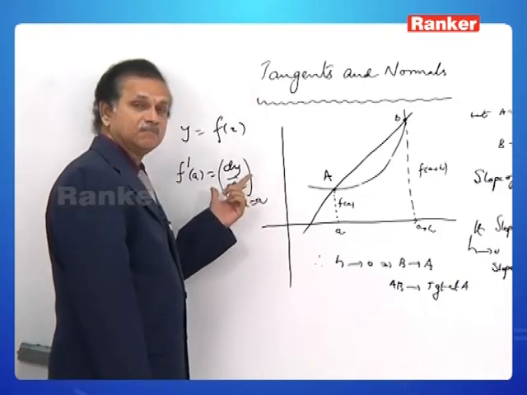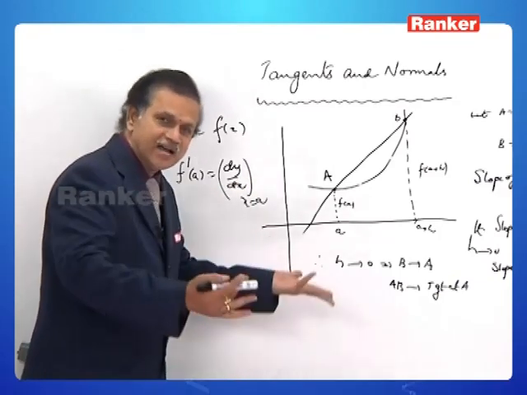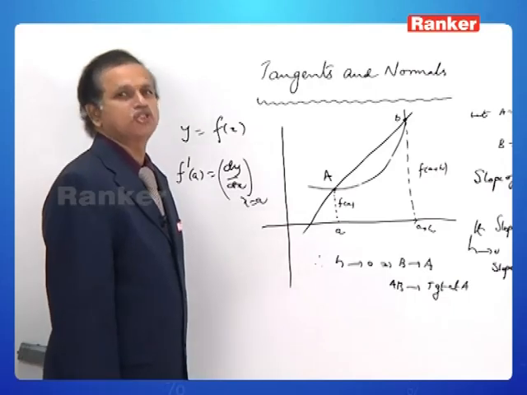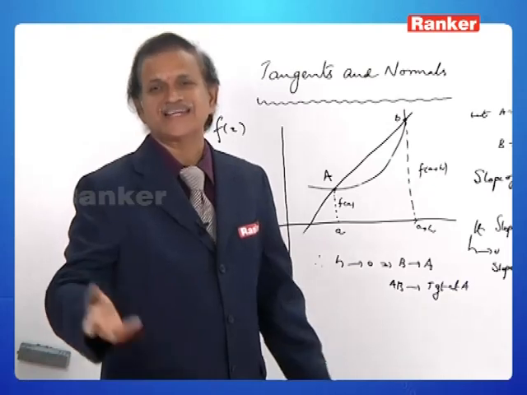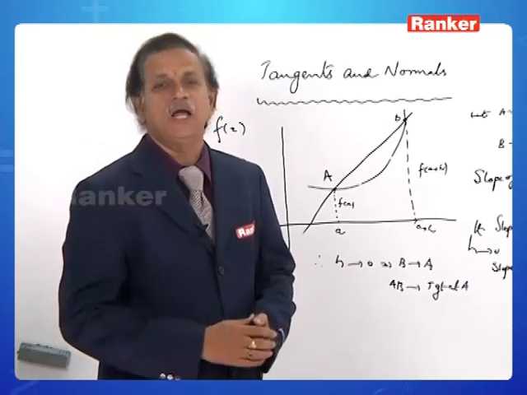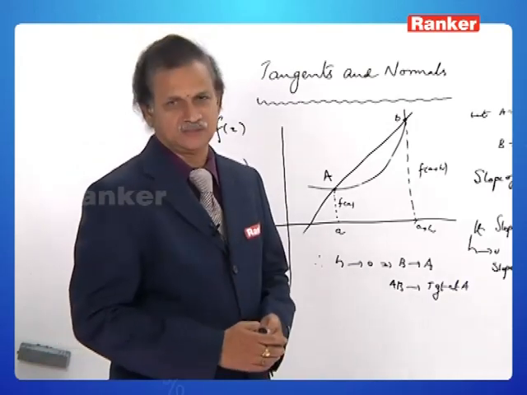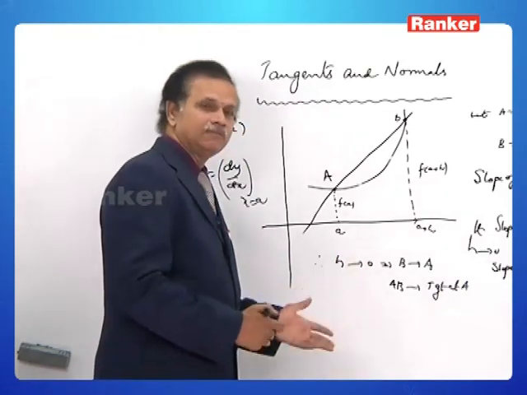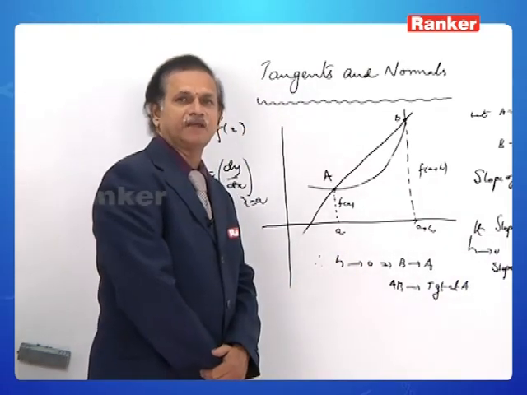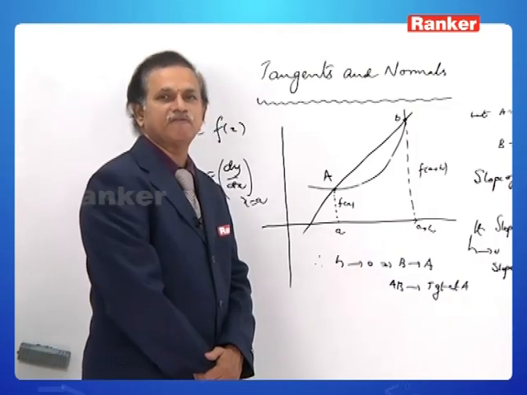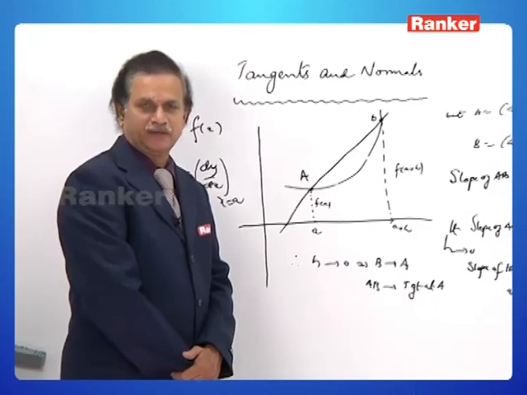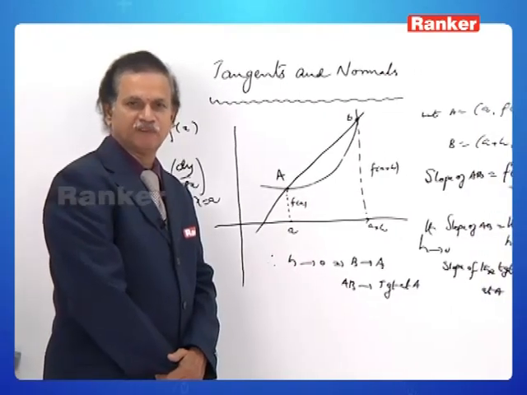This symbolism we use hereafter to know the slope of the tangent at a given point on the curve y is equal to f of x. So, this is a valuable discussion which has given us the idea of evaluating the slope of the tangent at a point on the curve y is equal to f of x.